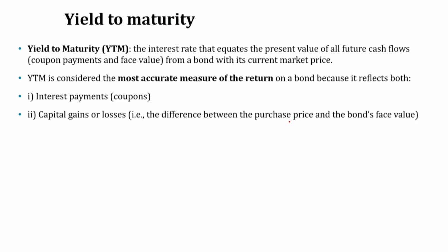So when you are investing, the yield to maturity is the interest rate that equates the present value of all future cash flows, including, as we will introduce later, the concept called coupon payments and face value from a bond, with its current market price. YTM is considered the most accurate measure of the return on a bond because it reflects both the interest payments and the capital gains or losses.